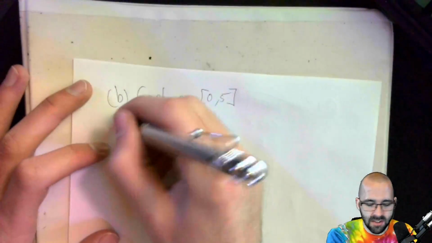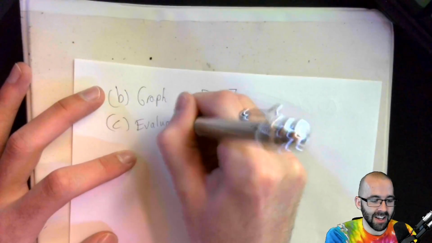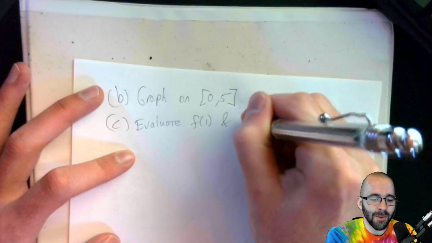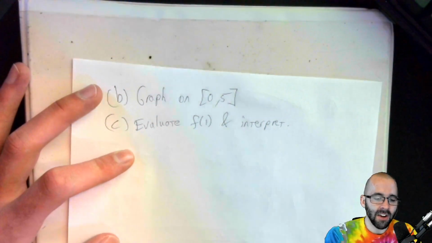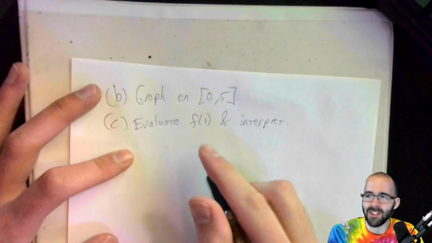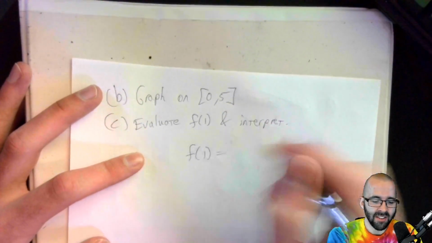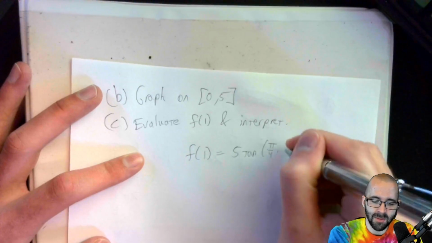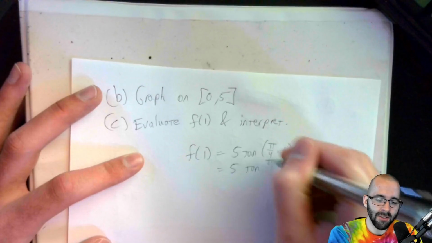Okay, so that was part B. Part C is evaluate f of 1 and interpret. Kind of jumped the gun. All right, well, if we plug in the formula, right, f of 1 is equal to 5 times the tangent of pi over 4 times t, which is 1 here, which again is 5 tangent of pi over 4.